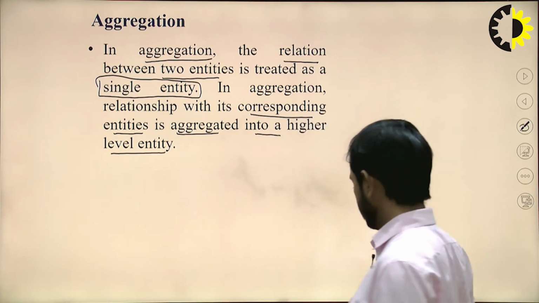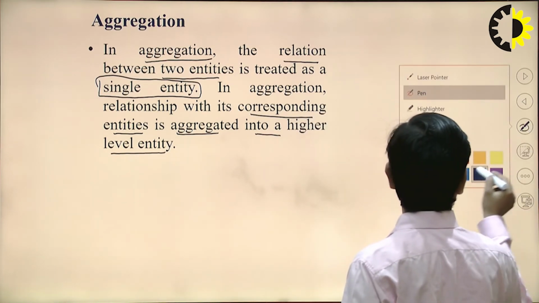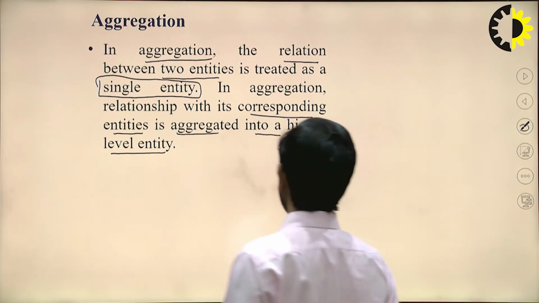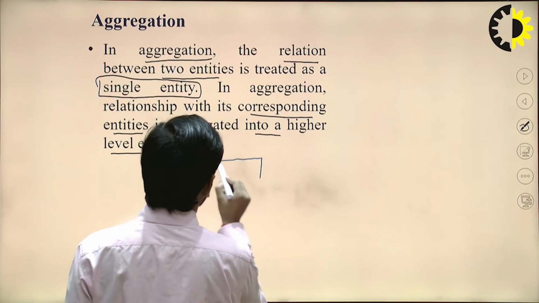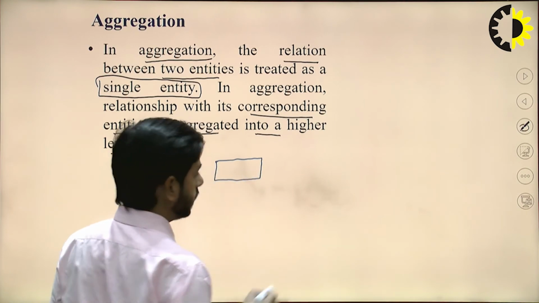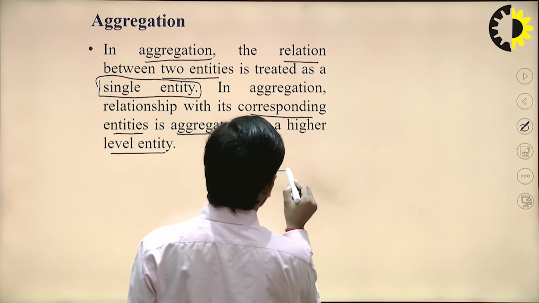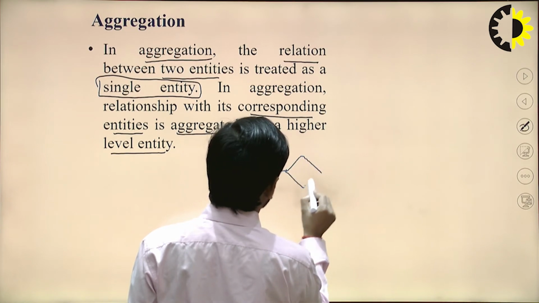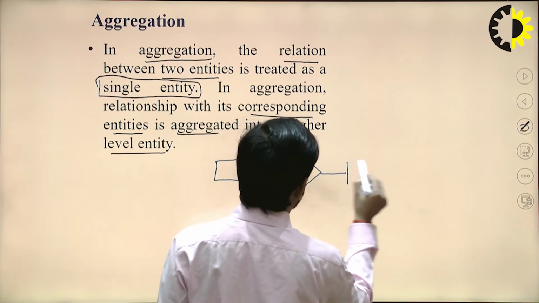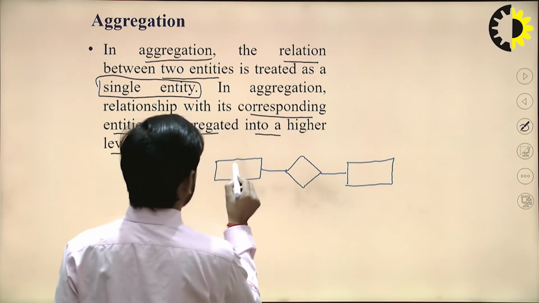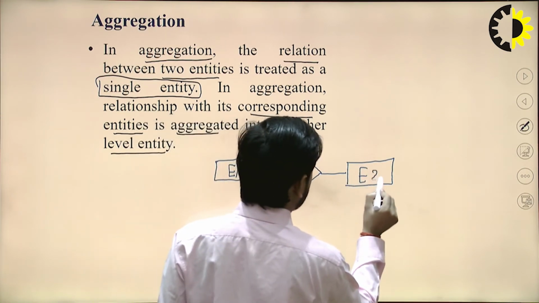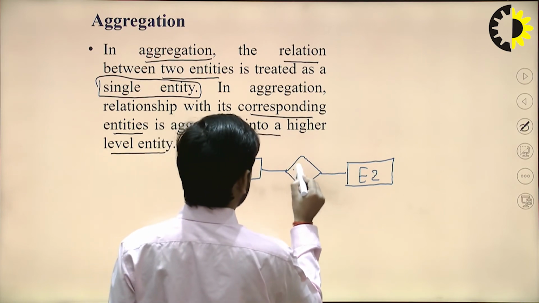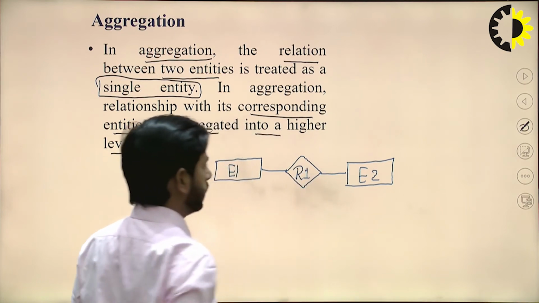So what does it mean? Let's take one example. Suppose we have one entity related with some entity. Suppose this is entity 1 and this is entity 2 and this is relation R1.